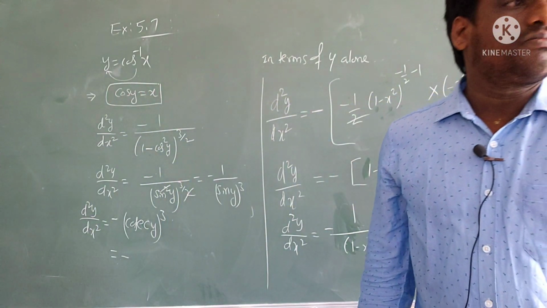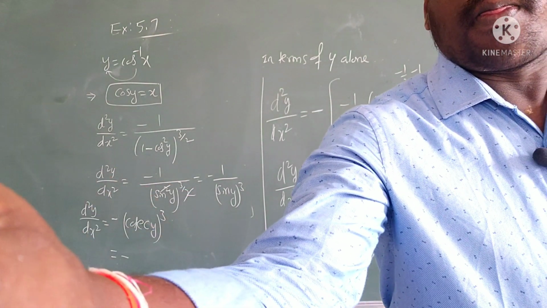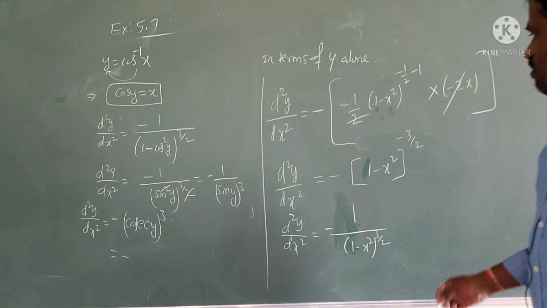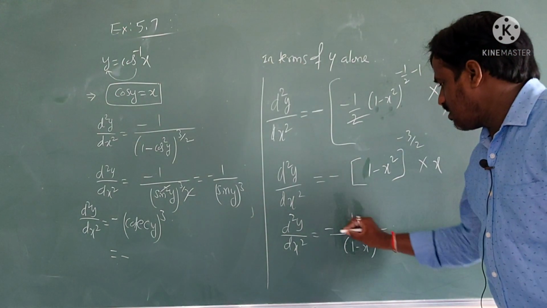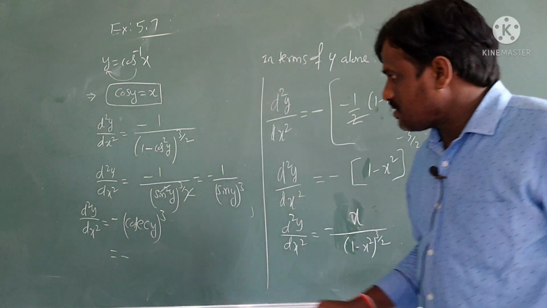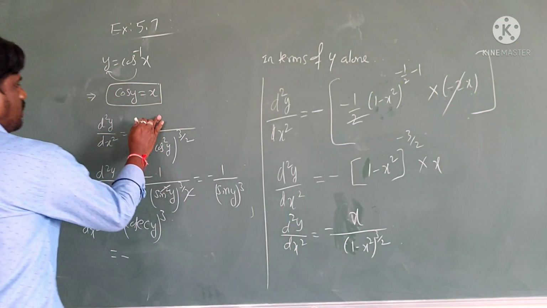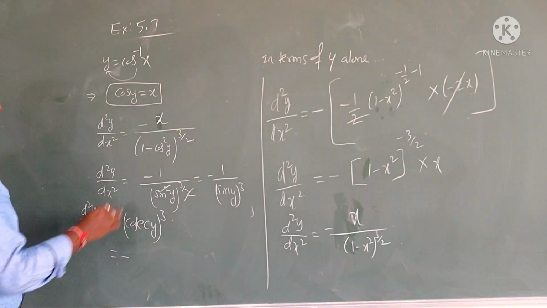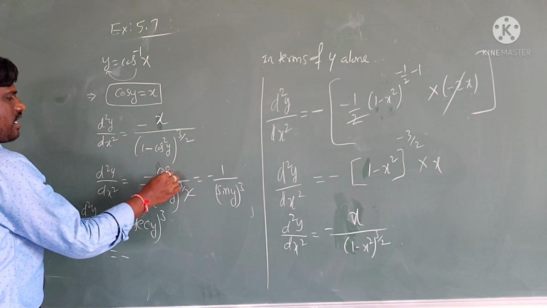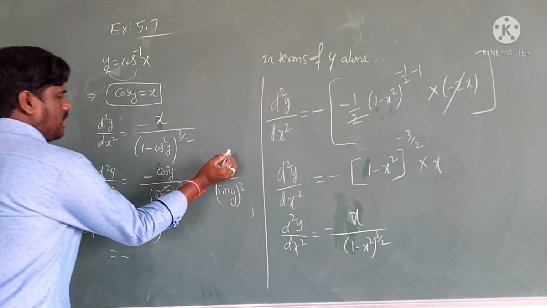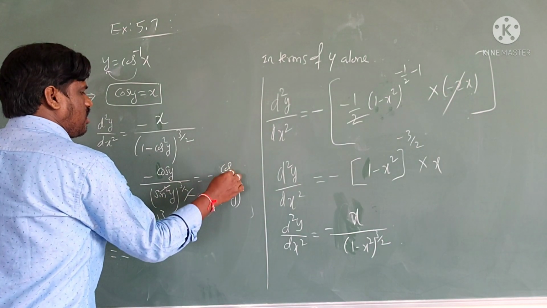Cosecant y whole cube. So you have x also, into minus x, so here x I can write as cos y.